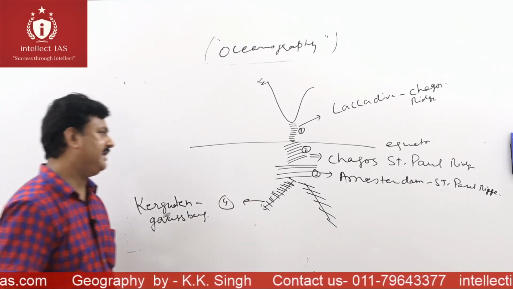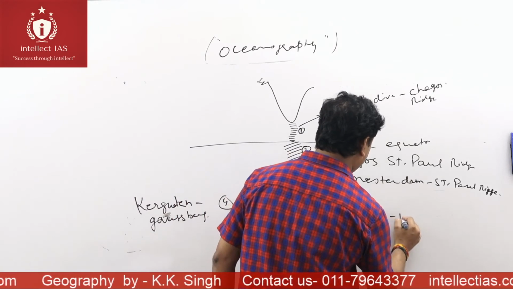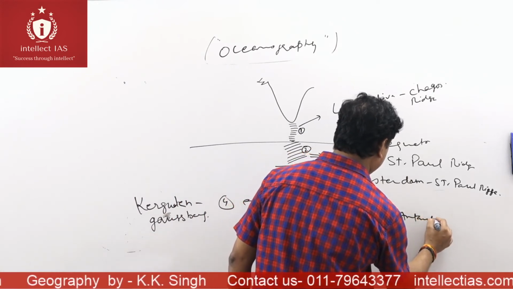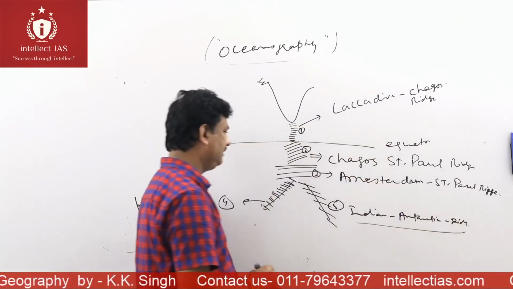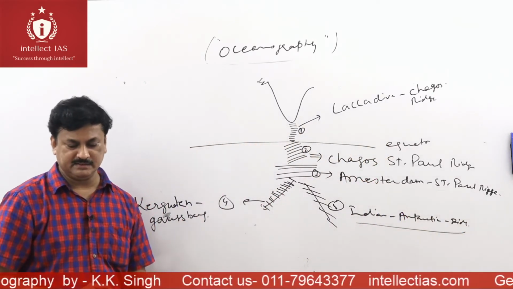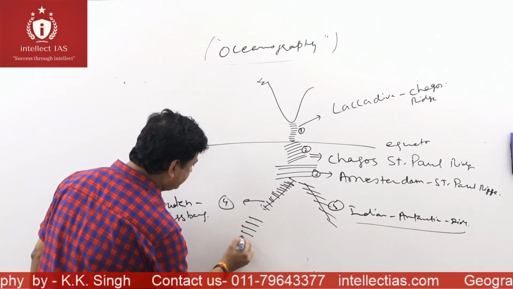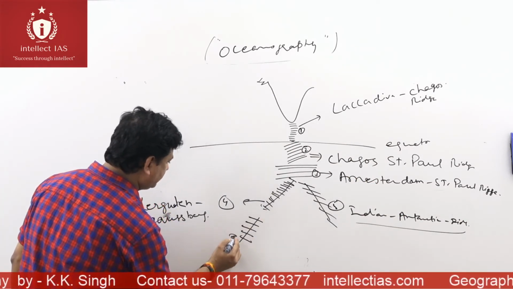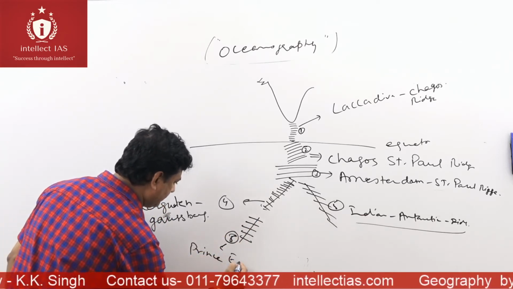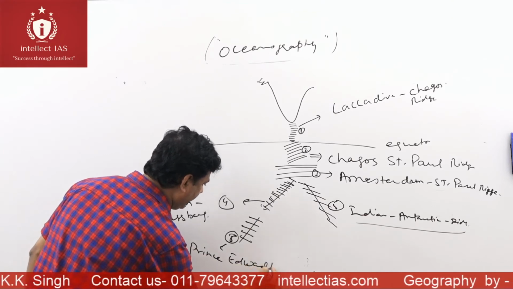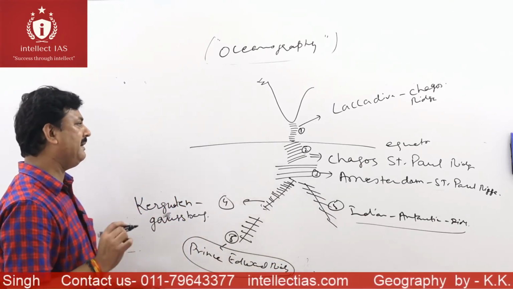And this is called the Indian-Antarctic Ridge, number 5. So these are the very important ridges. And there is another ridge, Prince Edward, number 6, the Prince Edward Ridge.